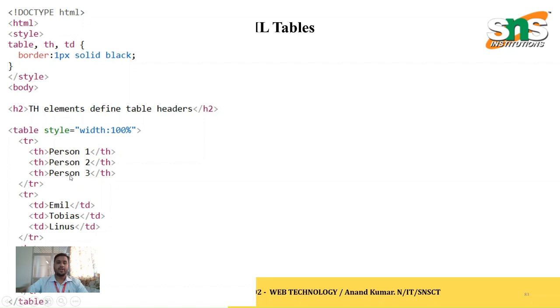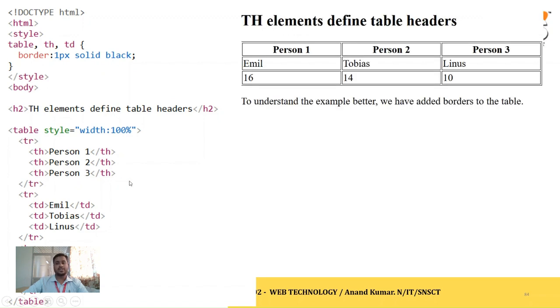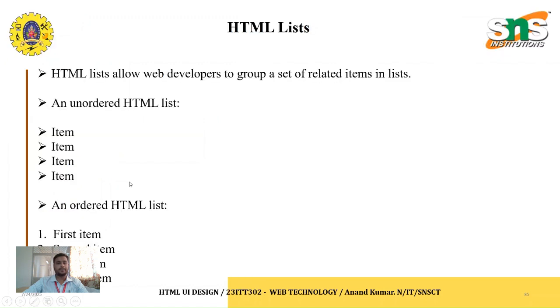The first header will be person one, the second header will be person two, the third header will be person three, and the rest follows. So this is the table output.